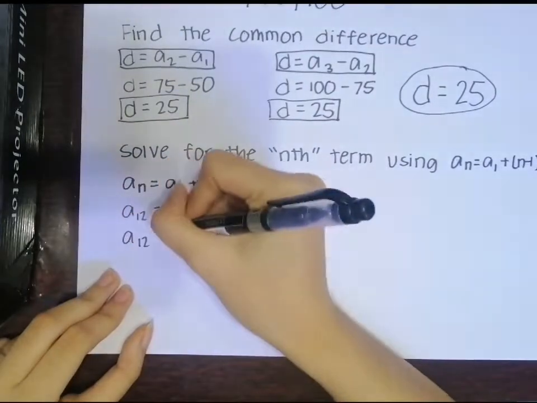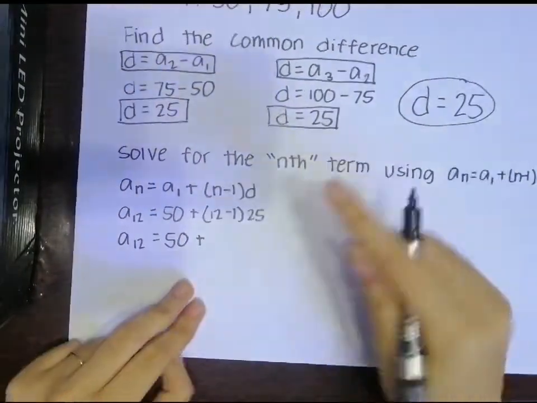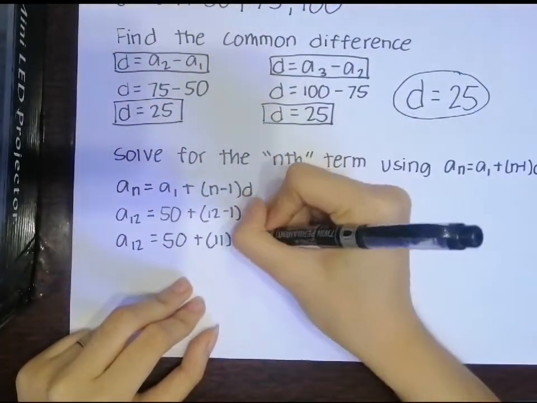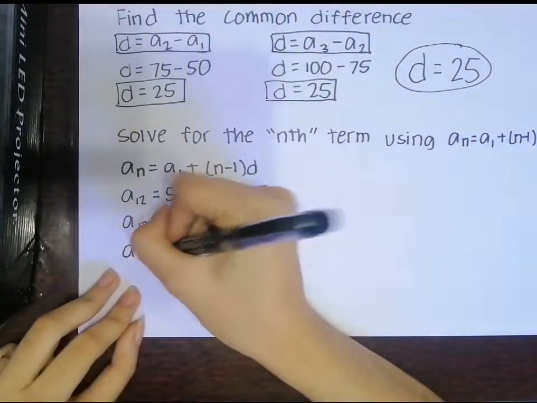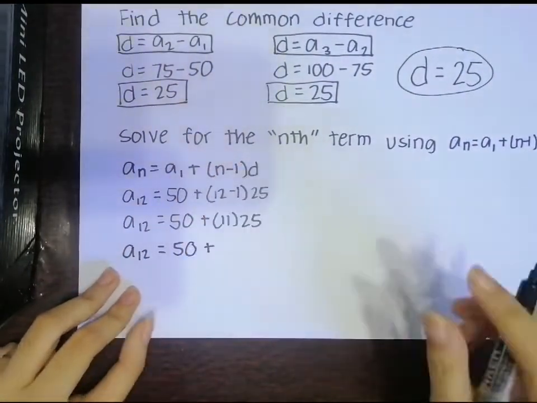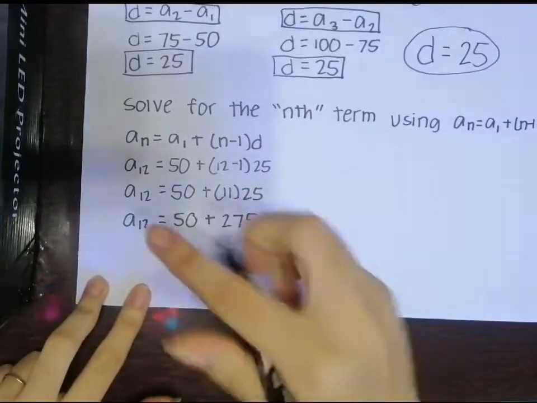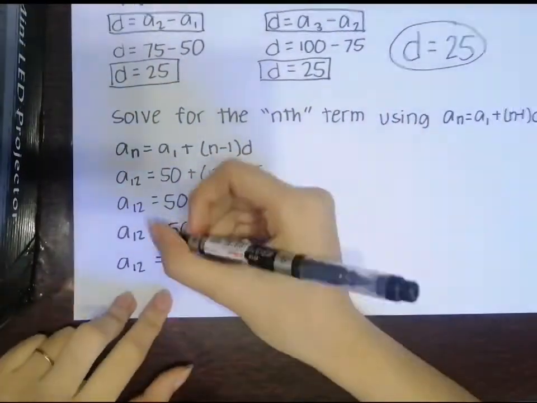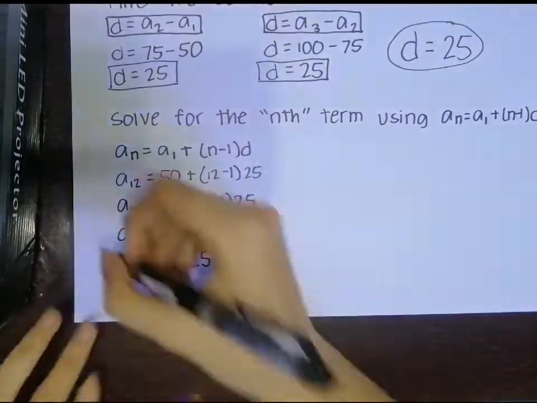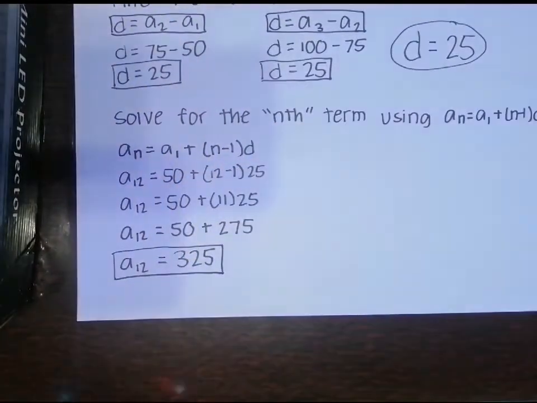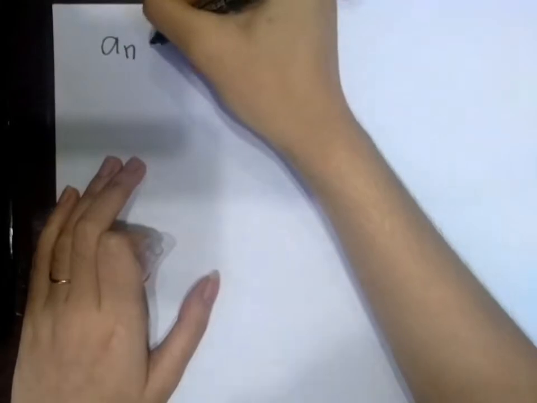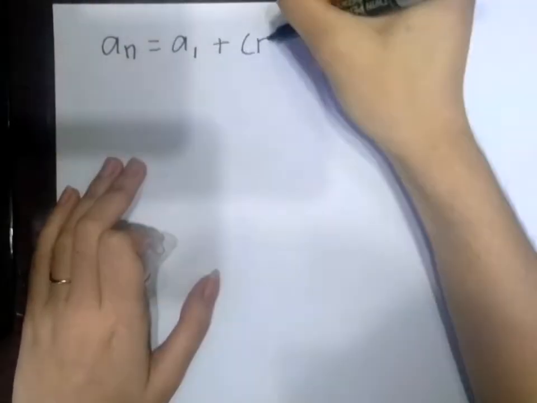Subtract 12 and 1, which is equal to 11. Then multiply 11 with 25. And now let's add 50 and 275, which will give us the answer of 325.